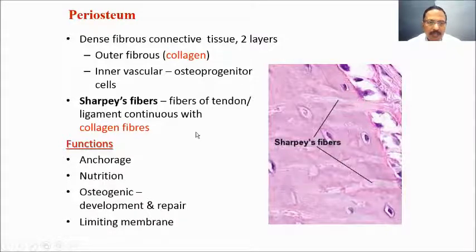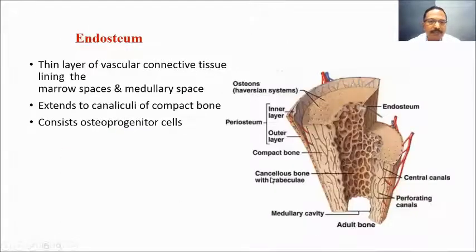So how are they functioning? Periosteum provides anchorage, and blood vessels, nerve fibers and lymphatics are entering, so they are providing nutrition. And since osteoprogenitor cells are there, they are osteogenic, and it also acts as a limiting membrane.